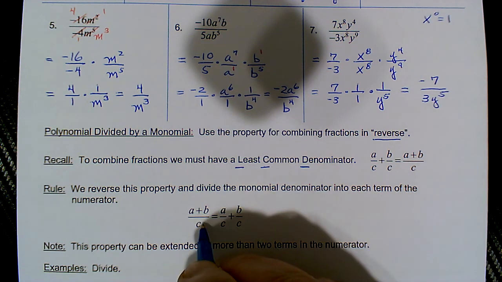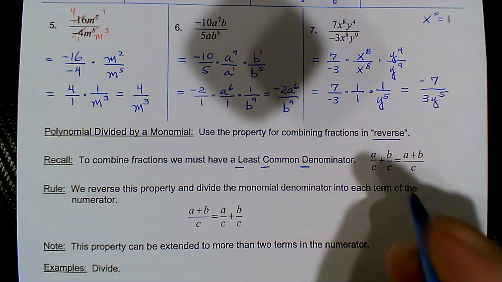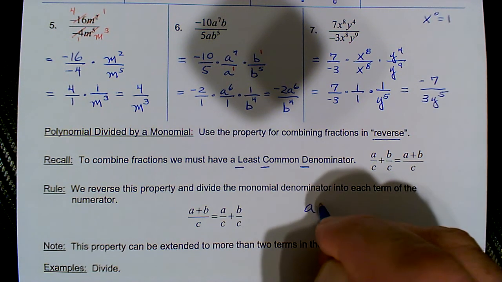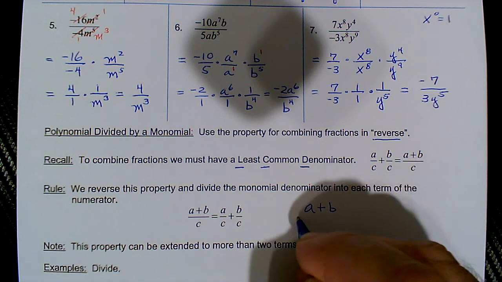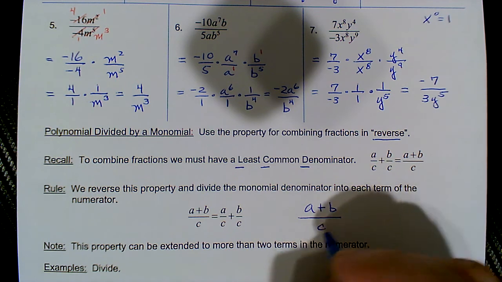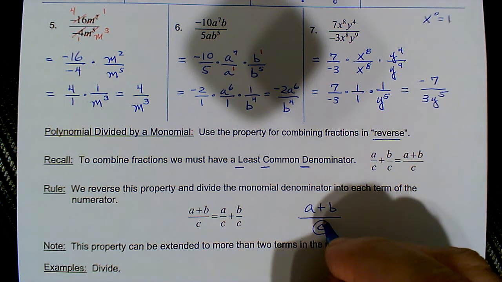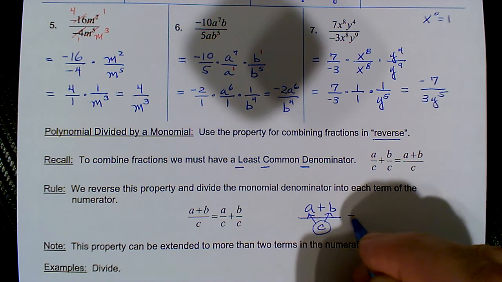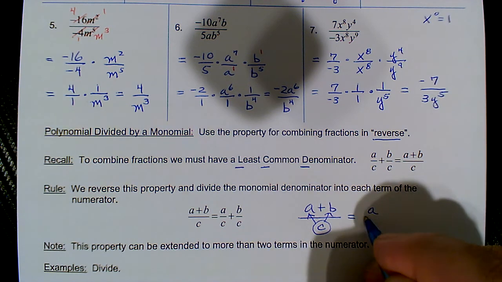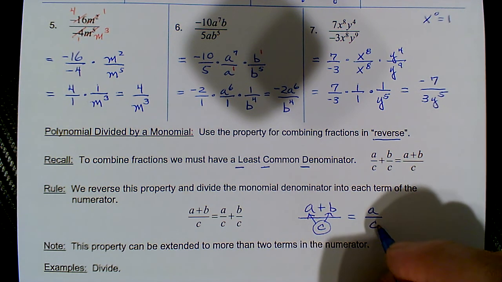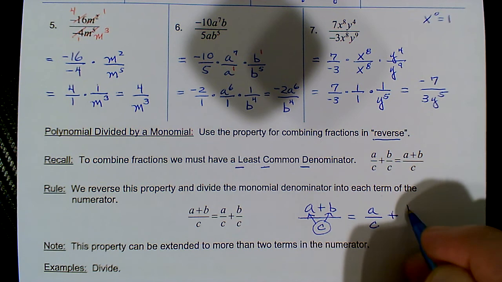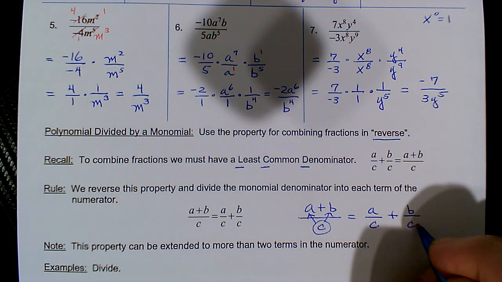And if we have a monomial denominator, I'm going to rewrite it over here just to illustrate what I mean. What we mean is this denominator can get divided into each term of the numerator. So everything in the numerator gets divided by that denominator. So a gets divided by c, and then we have plus b gets divided by c.